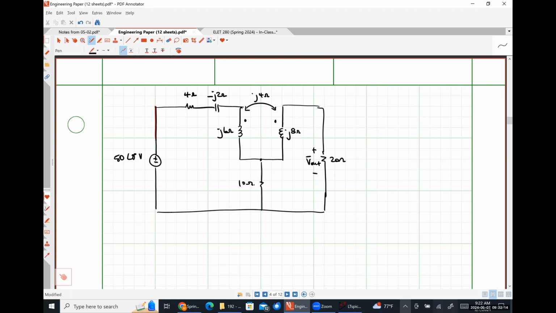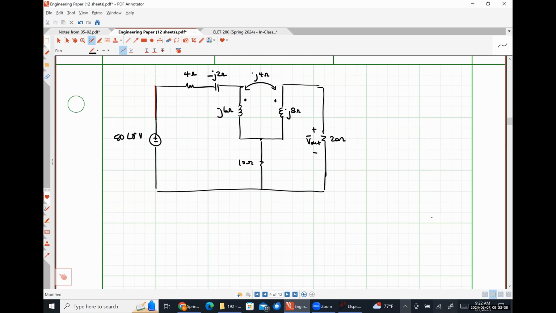And I believe that we can use our equivalent circuit model for our transformer in such a way that we won't have to solve a system of equations in order to figure out what this voltage V out is.